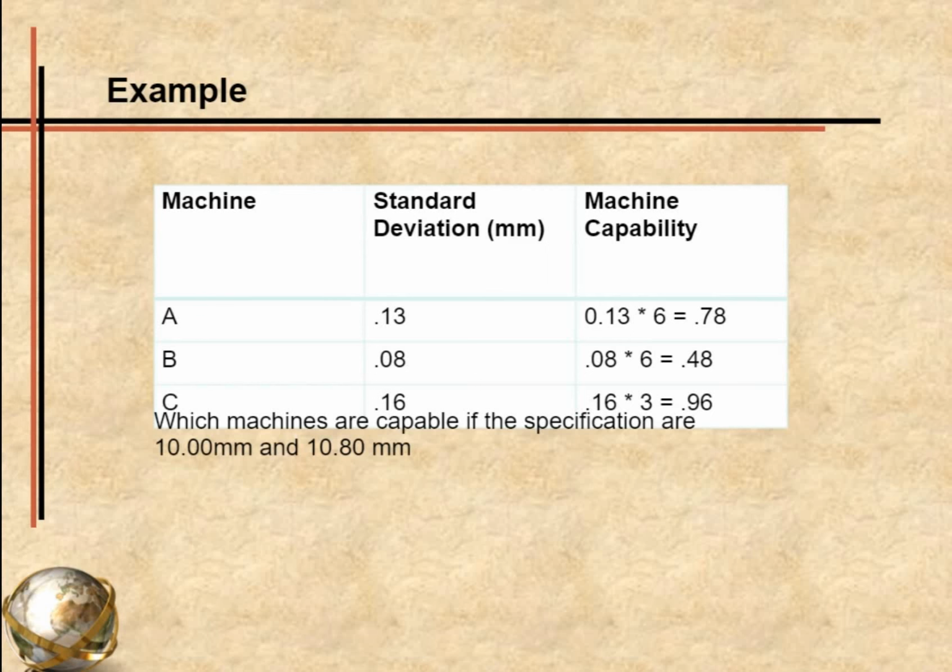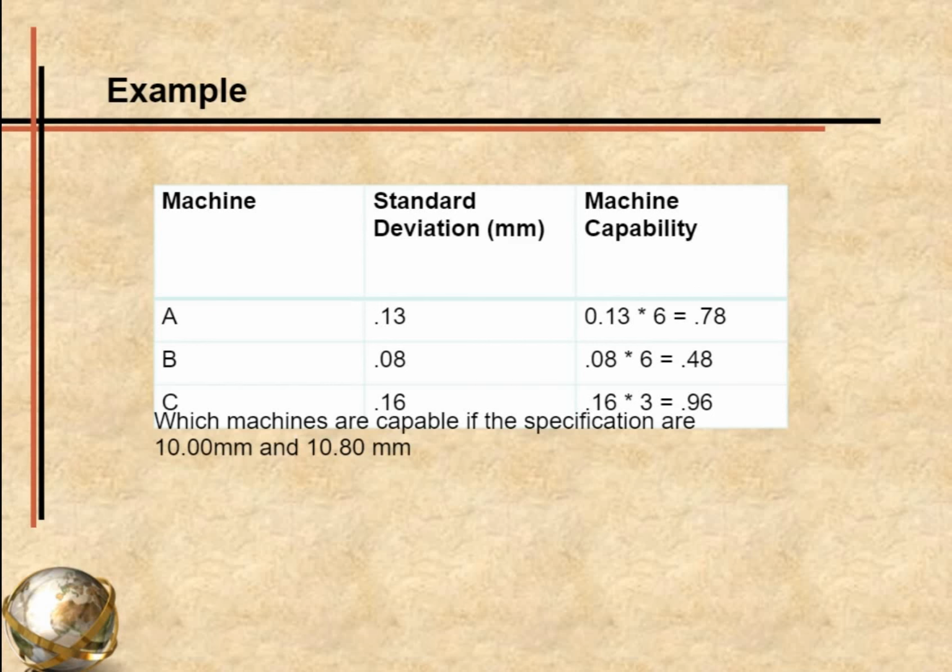So 6 times the standard deviation: 6 times 0.13 equals 0.78. 6 times 0.08 equals 0.48. 6 times 0.16 equals 0.96. The question is, we want to know which machines are capable if the specification is 10 millimeter to 10.8 millimeter.